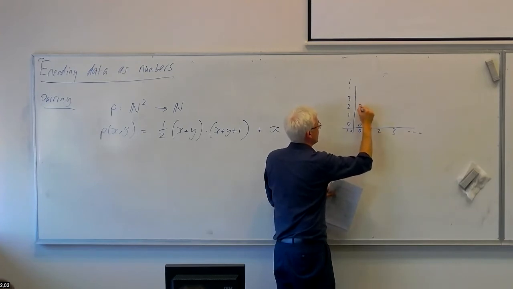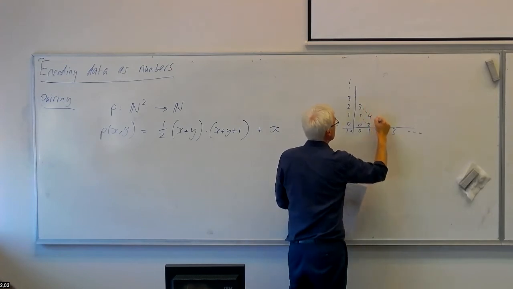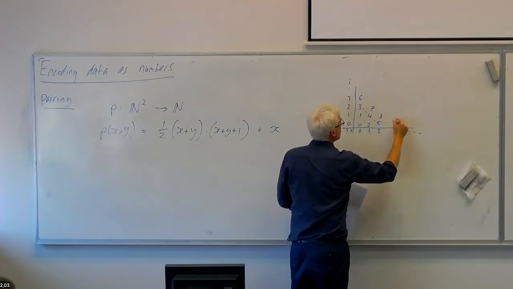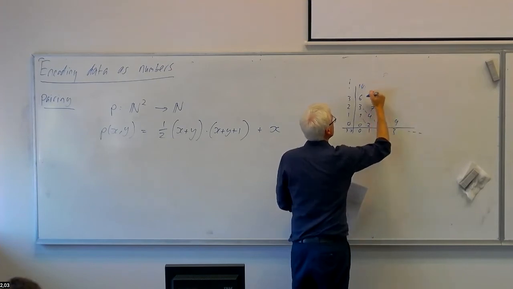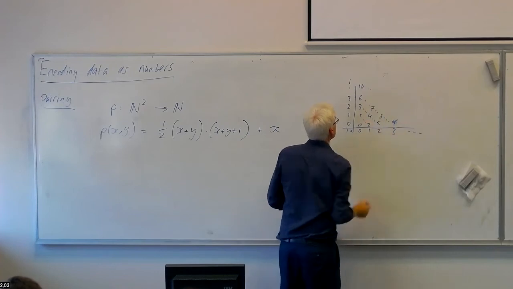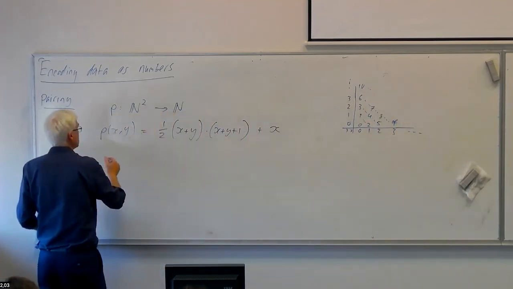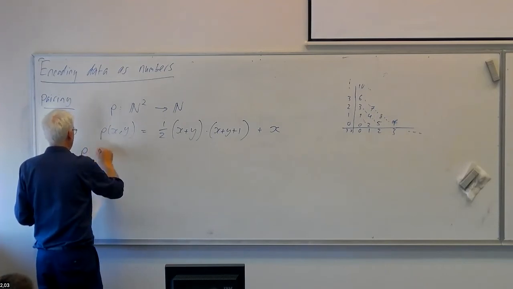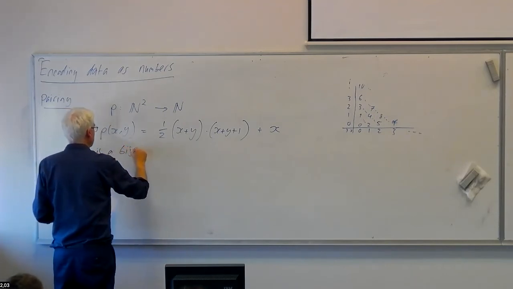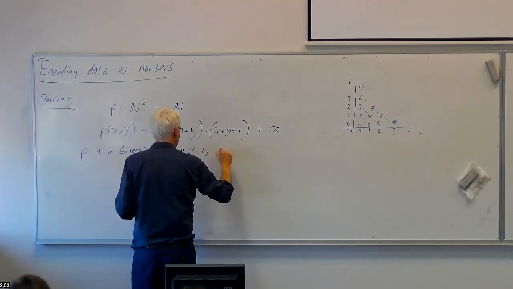So we go 1, 2, 3, 4, 5, 6, 7, 8, 9, 10, and so on. And what we see from that is that P is a bijection from N squared to N.